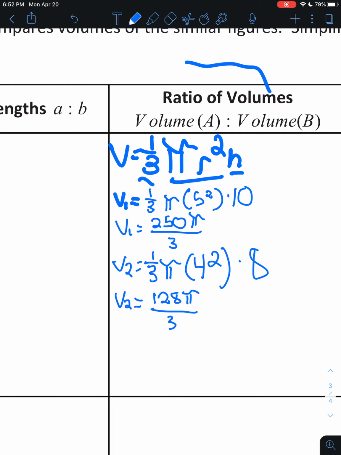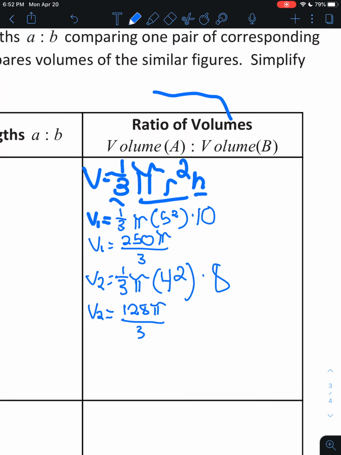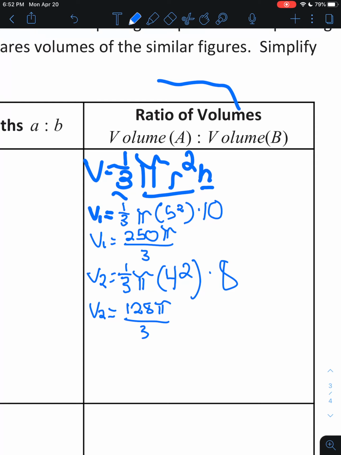So this is our volume 2. So if you set up the ratios, you'd have volume 1 is 250 pi over 3 to 128 pi over 3.